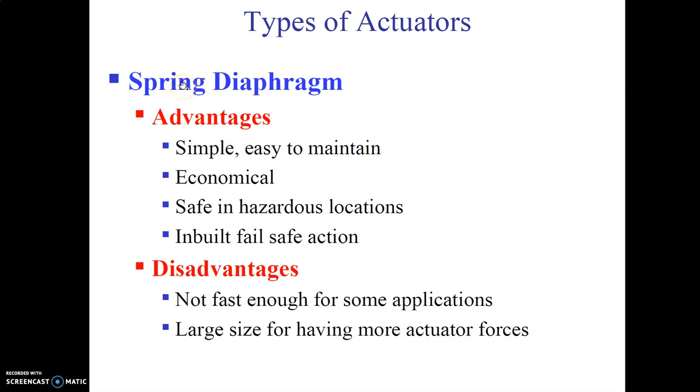Then there is a diaphragm plate which is concentric with this diaphragm. Then we have a rod-like extension of the diaphragm plate, that is the valve stem, and a spring. Now diaphragm will have upper surface and lower surface. If compressed air is applied on the upper surface, spring is on the lower surface of the diaphragm.